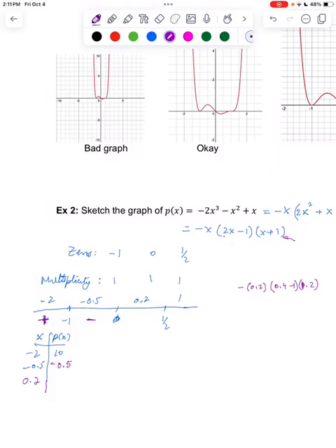So how many negative signs? Well, this is negative, this will be 0.1, and this will give me a negative number. So there are two negative signs, so it means the sign will be positive.